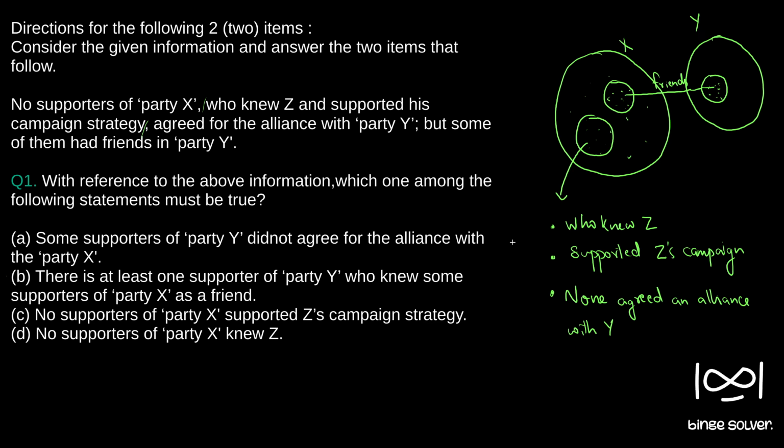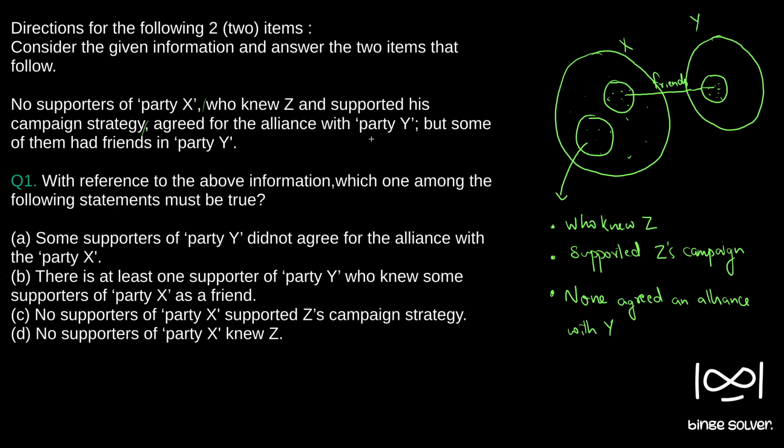So here there are some tricky aspects. One could ask whether this means there are some people who knew Z, and there are people who supported Z's campaign and people who do not support Z's campaign. Whether that can be assumed from the given statement, the answer could be both.